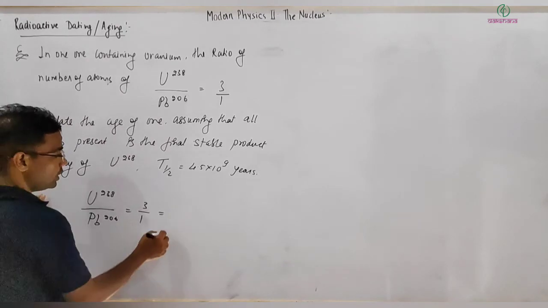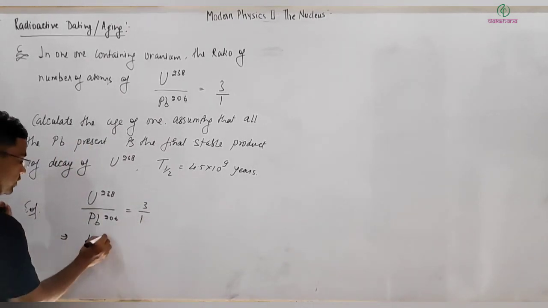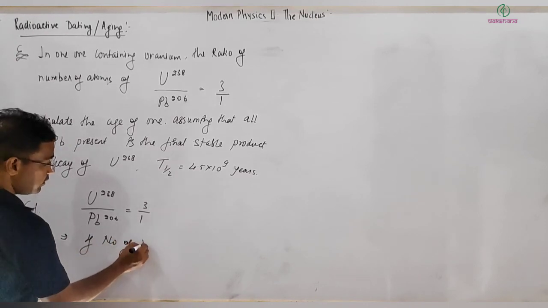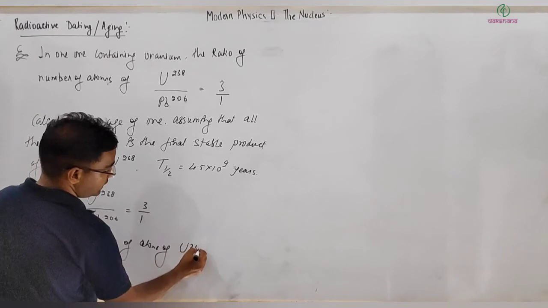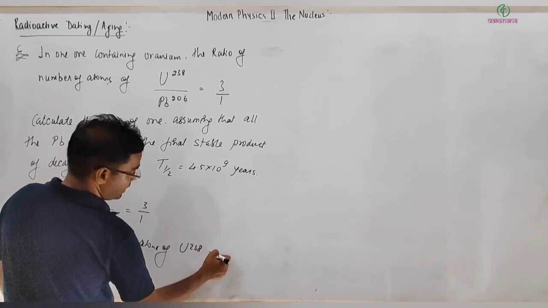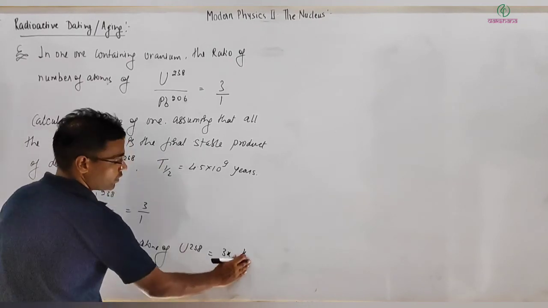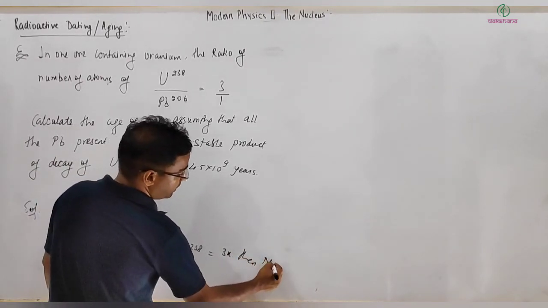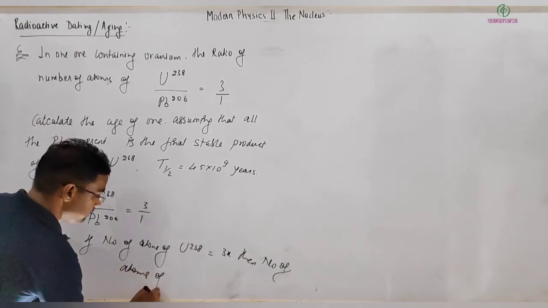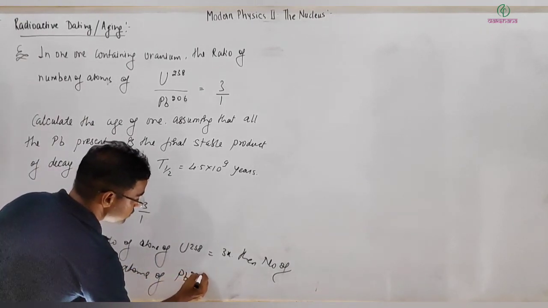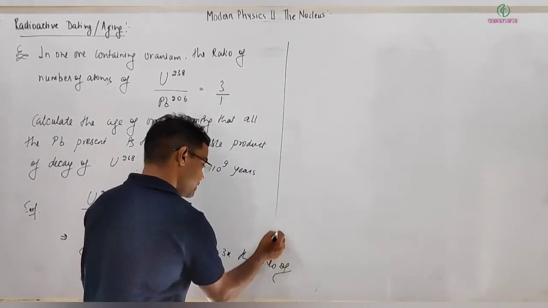So if the number of atoms of uranium 238 is, let's say, 3x, then the number of atoms of lead 206 will be x.